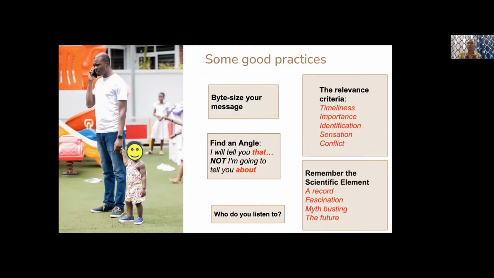The angle. Find your angle. And when you find that angle, know that, and I said this in the previous slide, you are not going to tell them about the constituents and configuration. You are going to tell them that prekese has some constituents that may have some anti-prostate cancer effect. Find an angle.